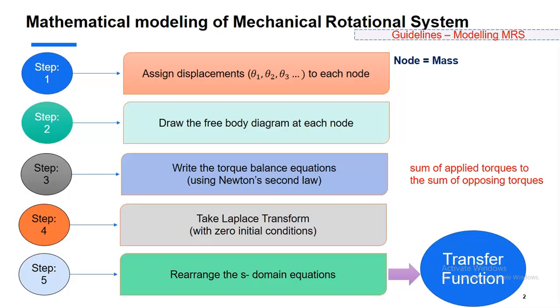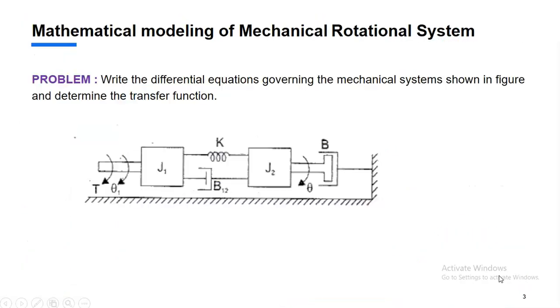First, we have to assign the displacement for each node, and after that the free body diagram has to be drawn, and using Newton's second law we have to write the force balance equation. Then you have to take the Laplace transform, rearranging those s-domain terms, you will get a transfer function.